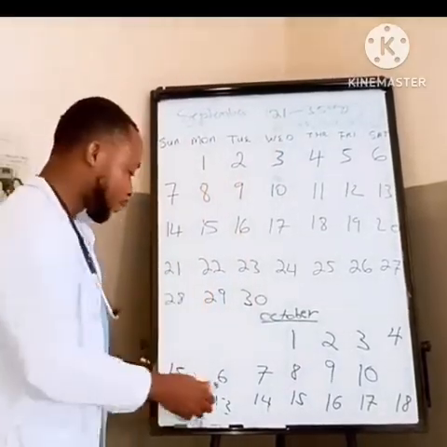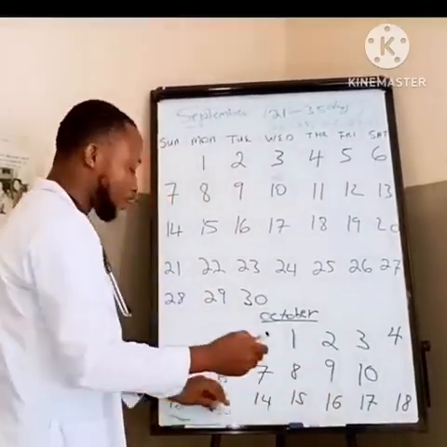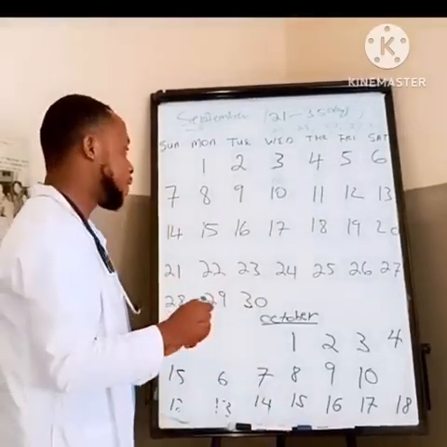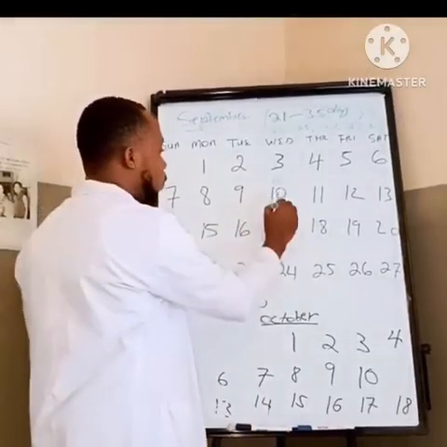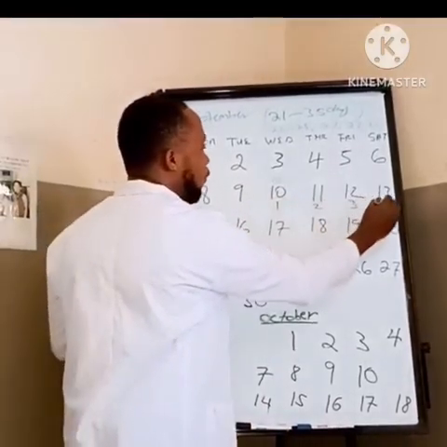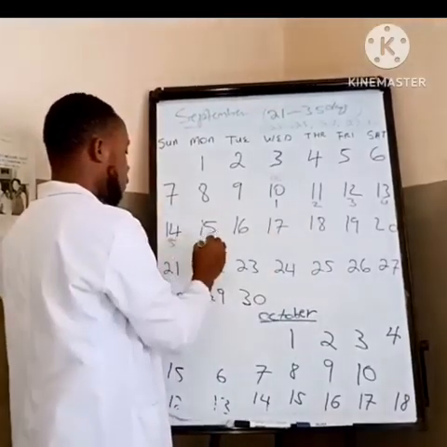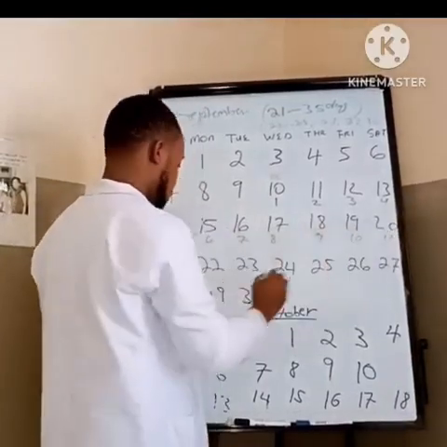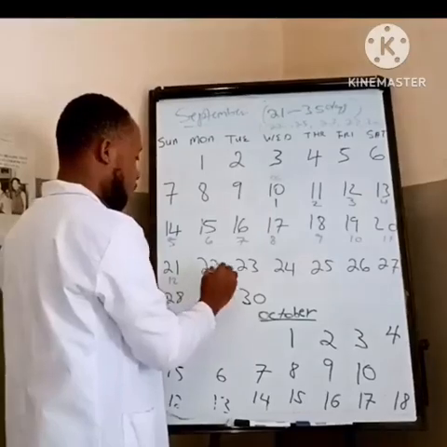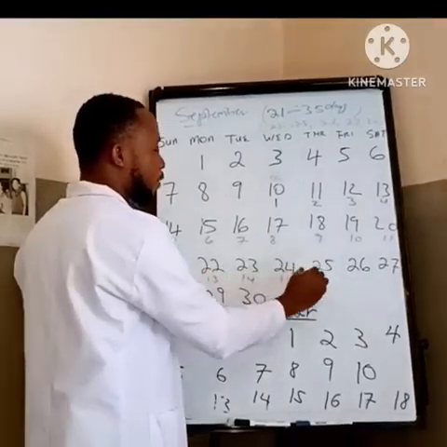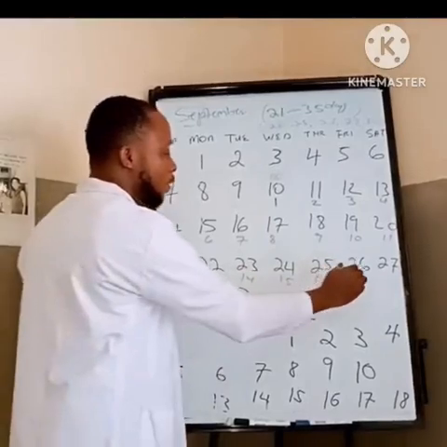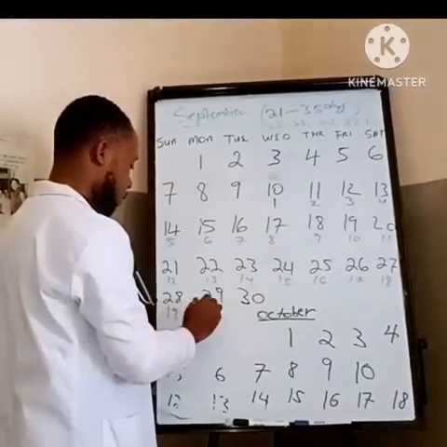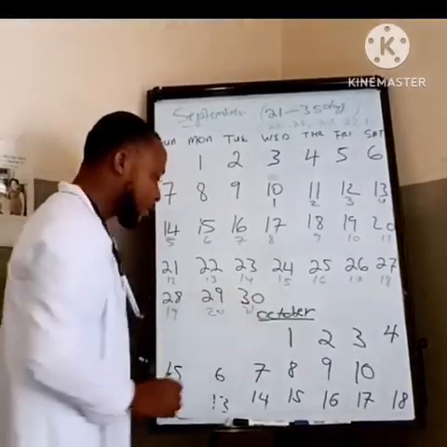So it's easy. Count up to day number 22 of our cycle length, beginning from the first day of our menses. So let's do that together. Say 1, 2, 3, 4, 5, 6, 7, 8, 9, 10, 11, 12, 13, 14, 15, 16, 17, 18, 19, 20, 21.